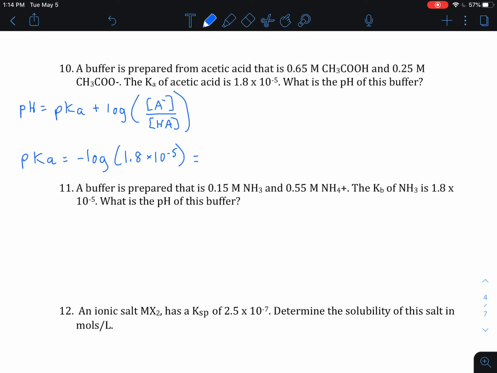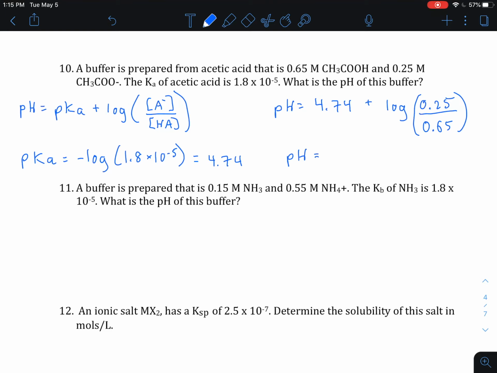pKa is the negative log of Ka. The given Ka is 1.8 times 10 to the negative 5. So pKa is 4.74. So now we're pretty well set because it'll be pH equals 4.74 plus log of base over acid, so 0.25 is the base, and 0.65 is the acid, right?